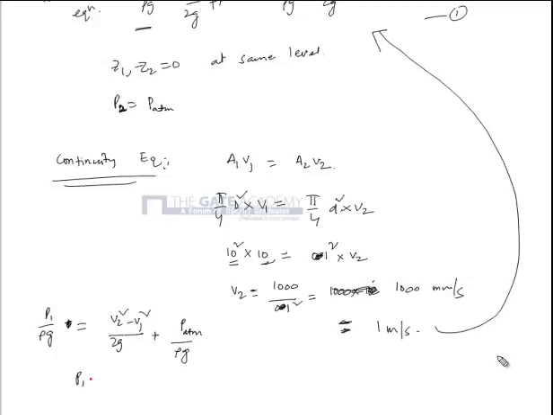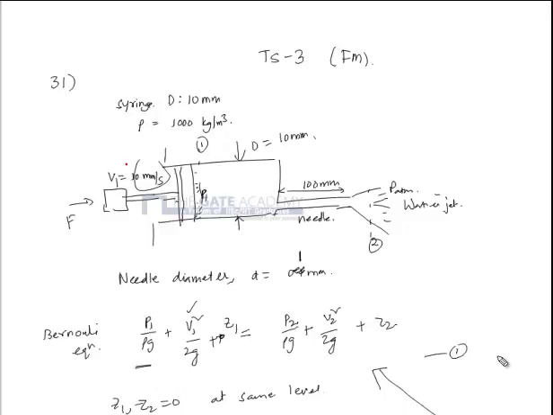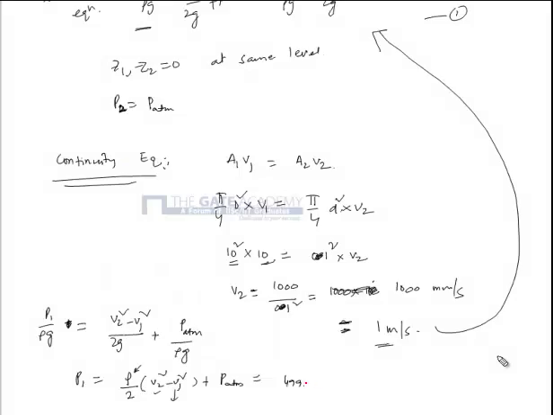My objective is to find P1. Multiplying with rho g on both sides, I get rho by 2 into V2 square minus V1 square plus P atmosphere. Now rho is 1000, V2 we know as 1 meter per second, and V1 is 10 mm per second. Substituting all that, I get 499.5 plus P atmosphere.